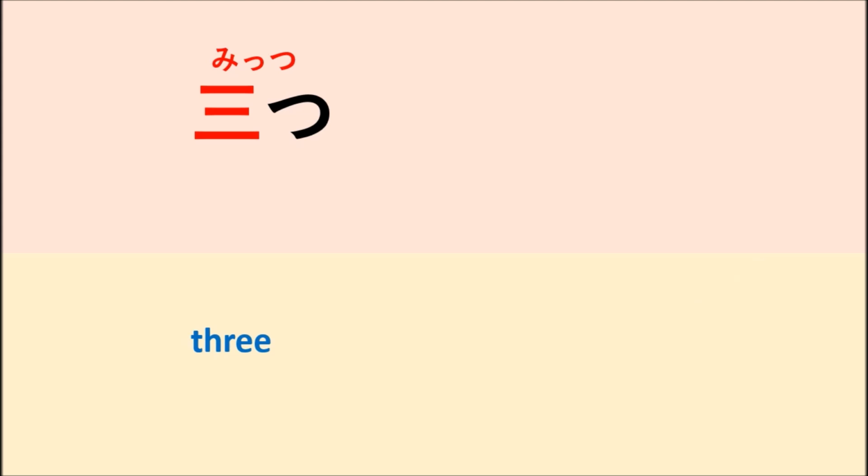For example, if you count chickens, you can say 3 chickens, or 2 children, 1 child. But if you don't know the counter you need after that number, you can say 3つ. 3つ means 3 things. It's not like 3 only.